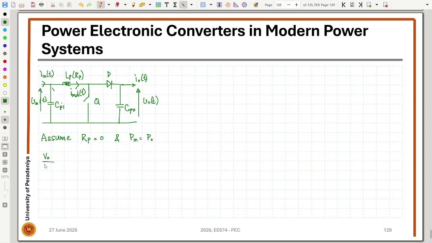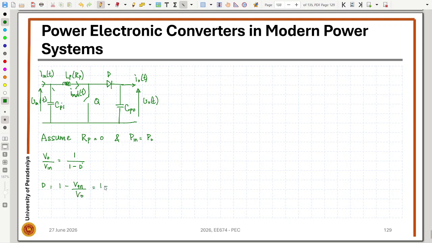So we can write V out over V in is equal to 1 over 1 minus D, and we can write D as 1 minus V in over V out.